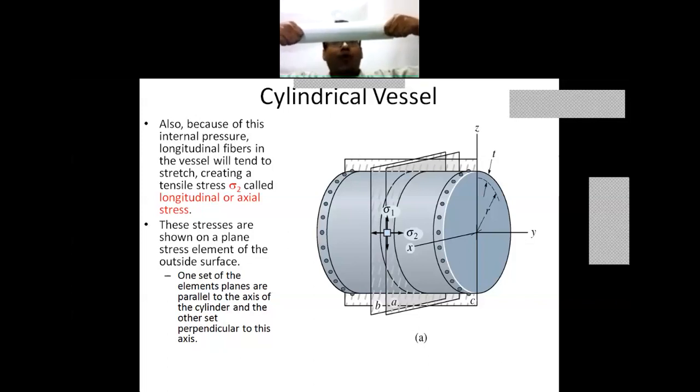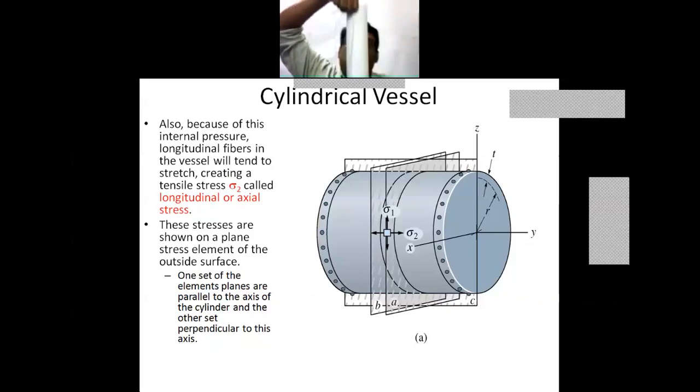Now whether I am holding horizontally or vertically, my pull is in the same direction. I am pulling upward here. The stresses developed in the vessel will be the longitudinal one. The stresses are developing in this direction, whether I hold the vessel like this or like this.